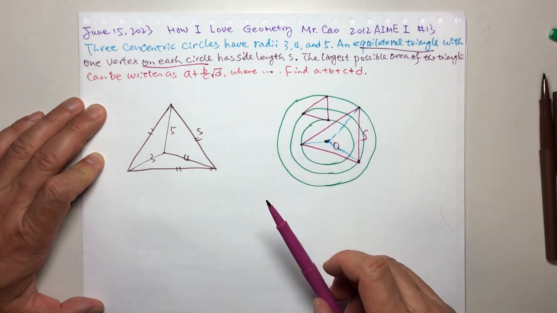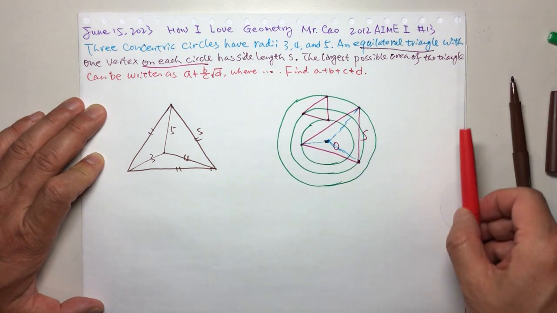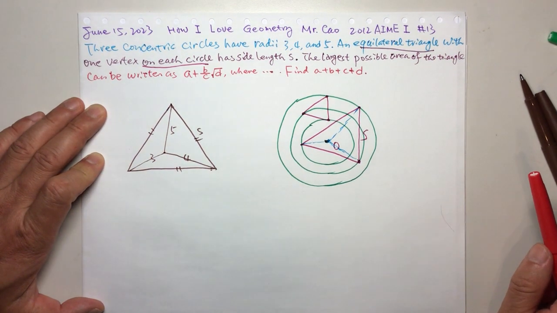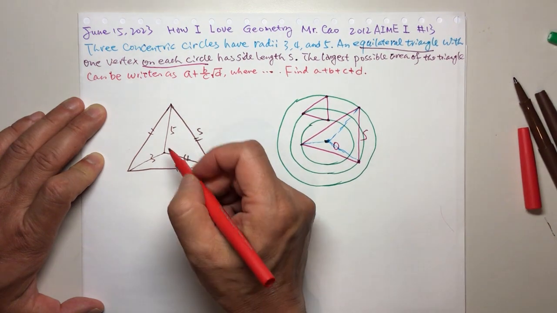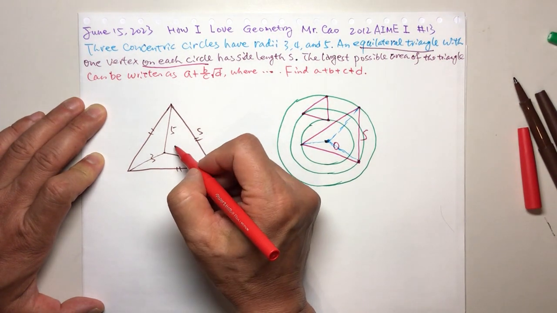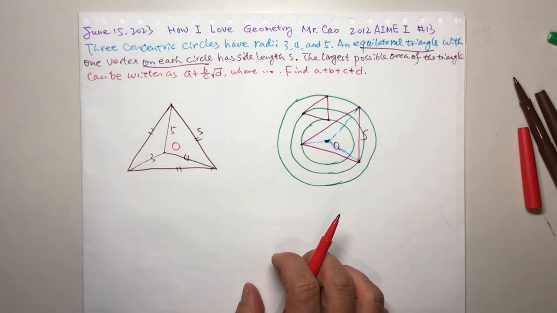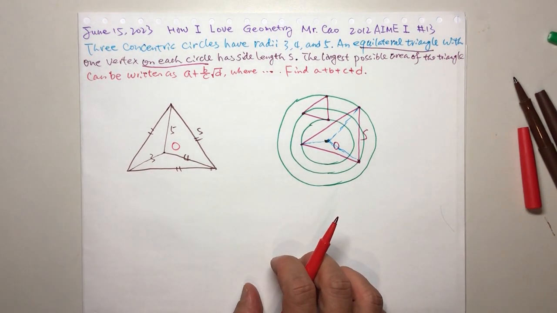Each side length is s. Now let us find the area of this equilateral triangle. When we see this, there is a point, let me say this point is O, inside an equilateral triangle, a square, or an isosceles right triangle.